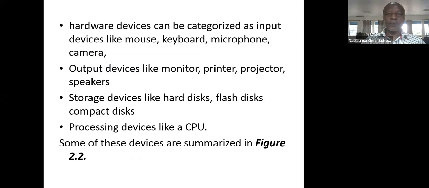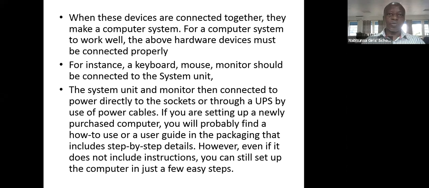On hardware, we have looked at this, categorized as input devices, and then output, storage, processing, and also communication. And when these devices are put together, they make a computer system.